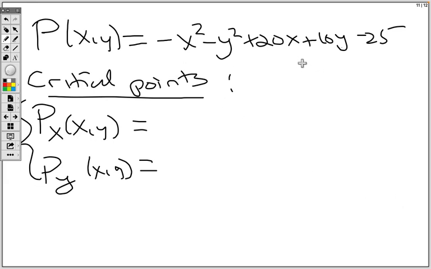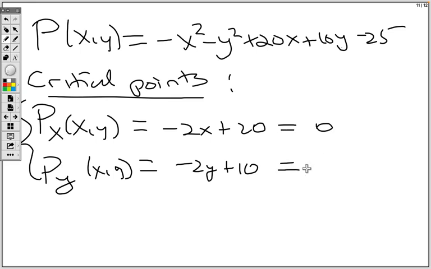Treating y as the constant, negative 2x plus 20. And likewise, what's the partial derivative of p with respect to y? Negative 2y plus 10. Both of these partials exist everywhere, so it's just a matter of figuring out where they're 0 at the same time.